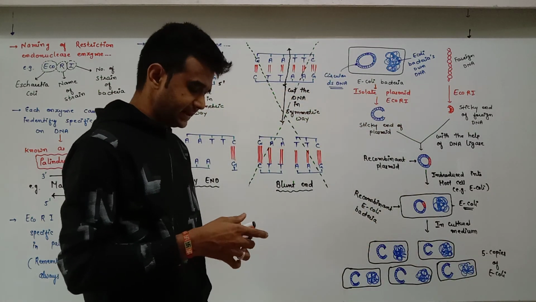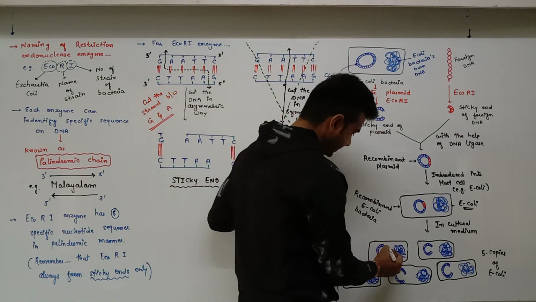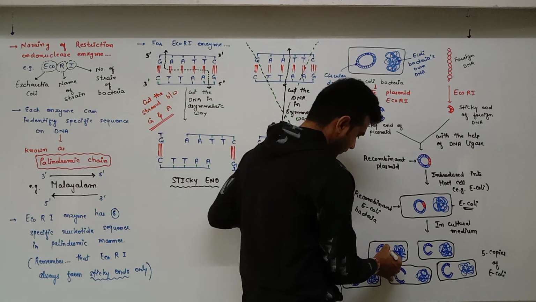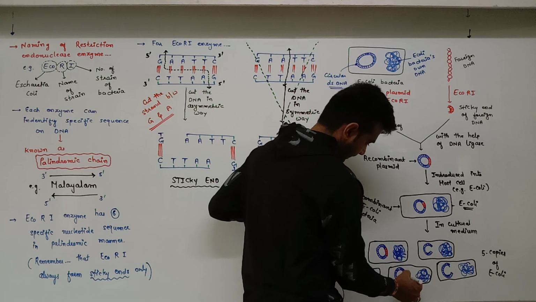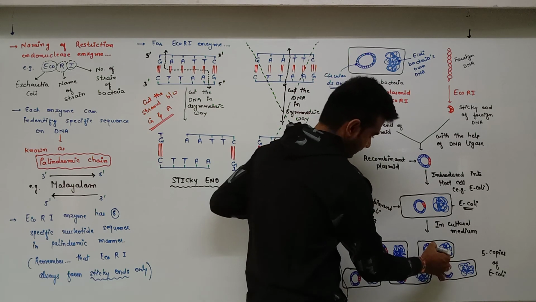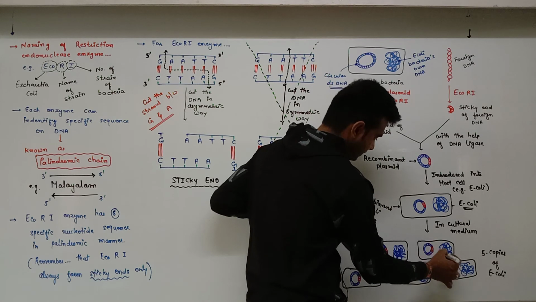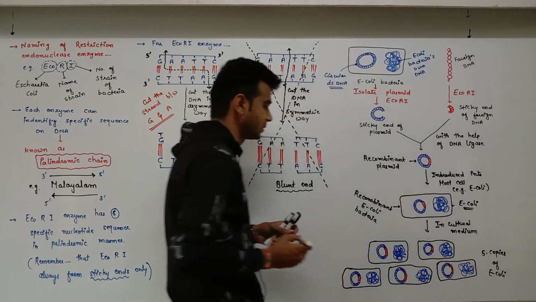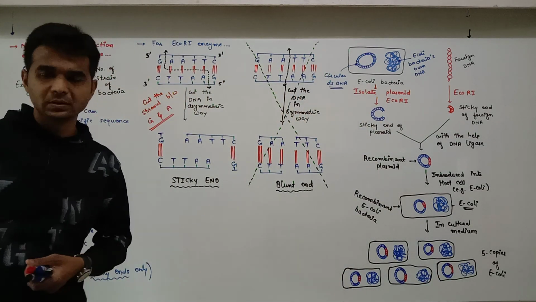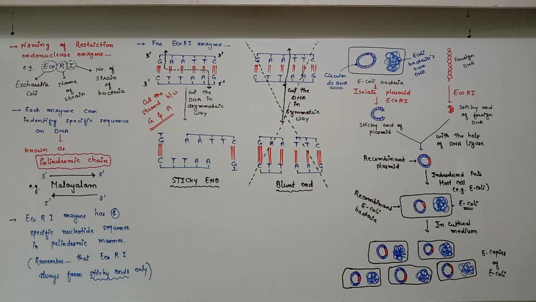So now each and every E. coli bacterium contains the small fragment of the foreign DNA. Okay. So if you want to form millions of copies of this E. coli bacteria, yes, you are able to do this.